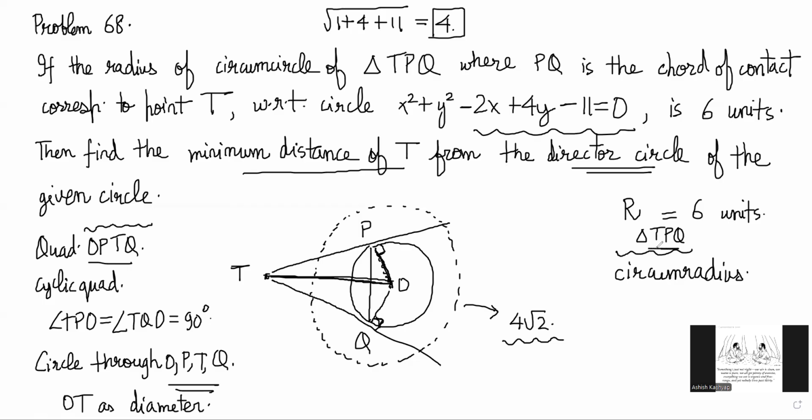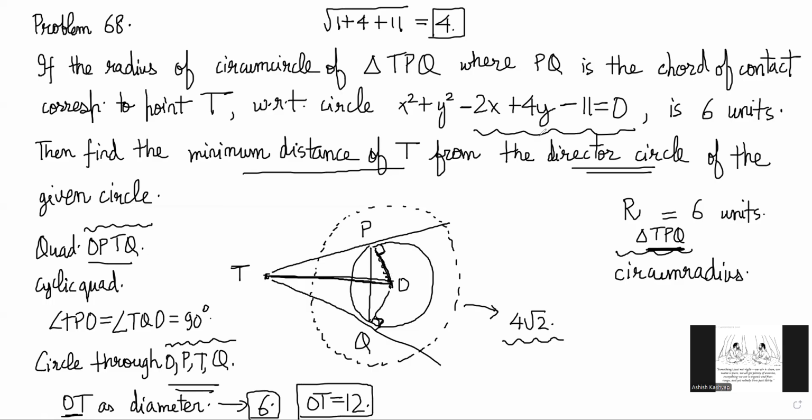The circle through TPQ is the same circle because there can be only one circle through 3 given points, and here you have 4 points. So that is the circumcircle, and the radius of that circle is 6. Since OT was the diameter of that circle, OT will be equal to 12.